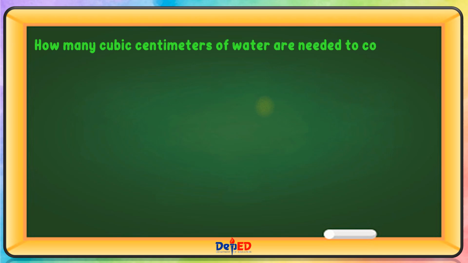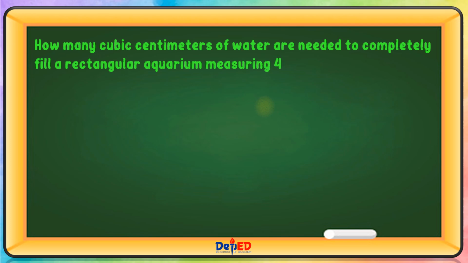How many cubic meters of water are needed to completely fill a rectangular aquarium measuring 4.5 meters long, 3.2 meters wide, and 2.6 meters high?